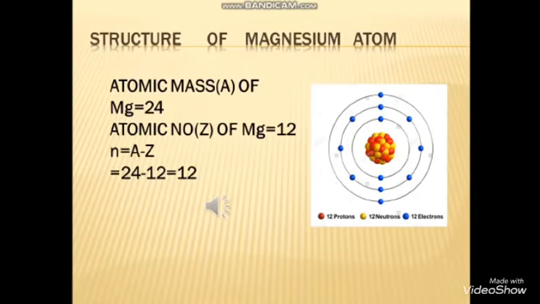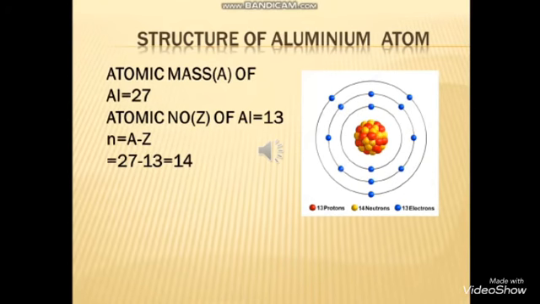This is the atomic structure of the magnesium atom. The atomic mass of magnesium is 24. The atomic number of magnesium is 12. The magnesium atom contains 12 protons, 12 neutrons and 12 electrons. The aluminum atom contains 13 protons, 14 neutrons and 13 electrons. The atomic mass of aluminum is 27 and the atomic number of aluminum is 13.